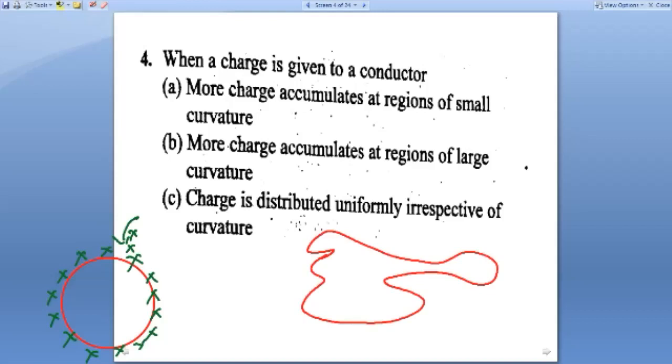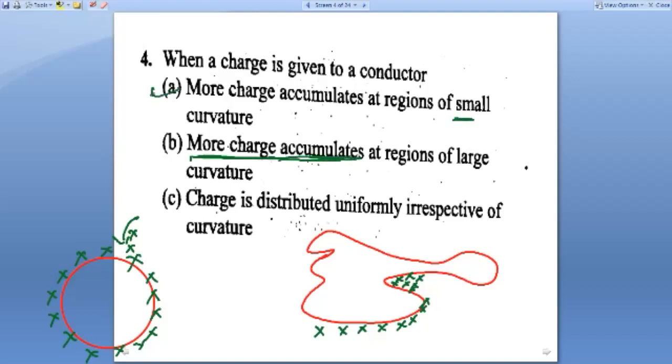In the less curvature, more charges accumulate. Where the curvature is more, fewer electrons accumulate on the surface of the conductor. So these are the two important points of the surface phenomenon. More charges accumulate at the region of small curvature. Fewer charges accumulate in the region of large curvature.